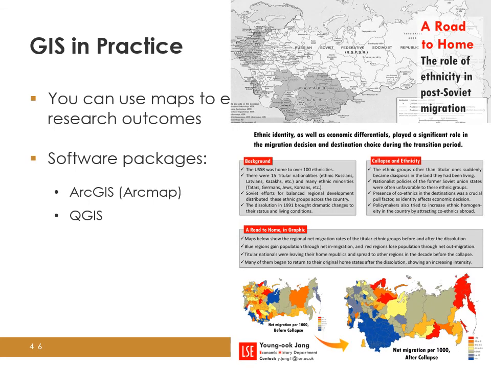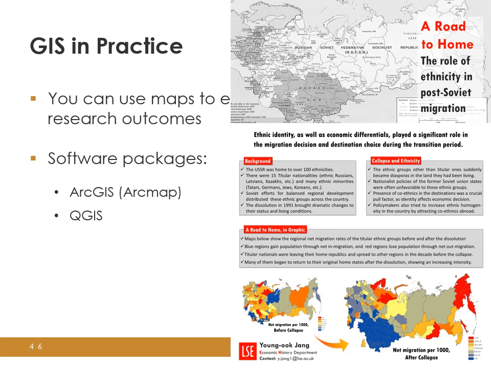Something like this. I made this poster when I was doing my PhD, and there are two maps at the bottom of this poster. The first map shows the rate of net migration among the Soviet Union or Soviet territory in the 1980s, before the collapse of the Soviet Union.